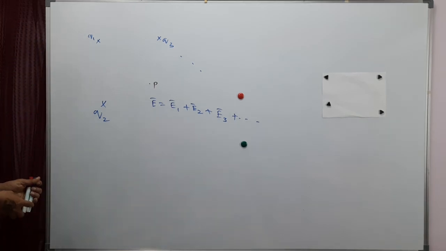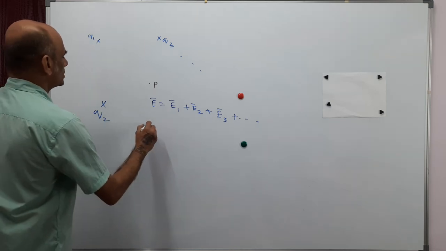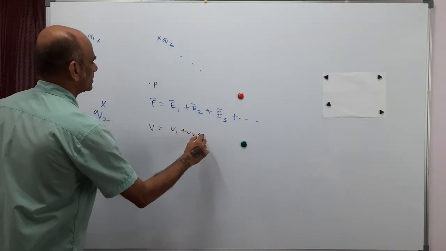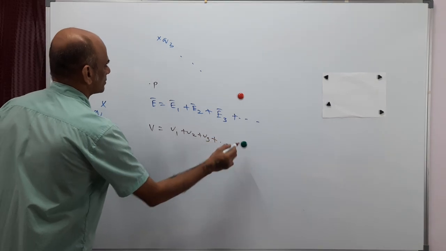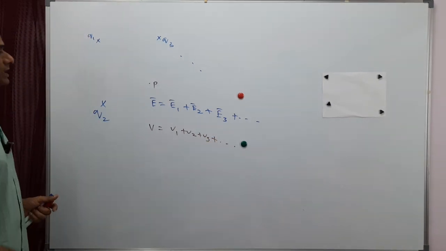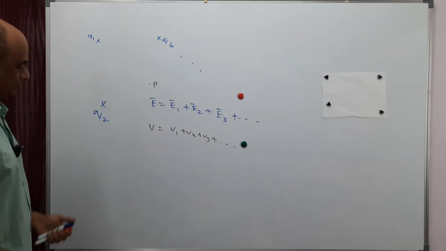Similarly, the potential at this point can be got from the individual potentials as V1 plus V2 plus V3 and so on. But the potential is a scalar quantity, so the sum is a scalar sum.